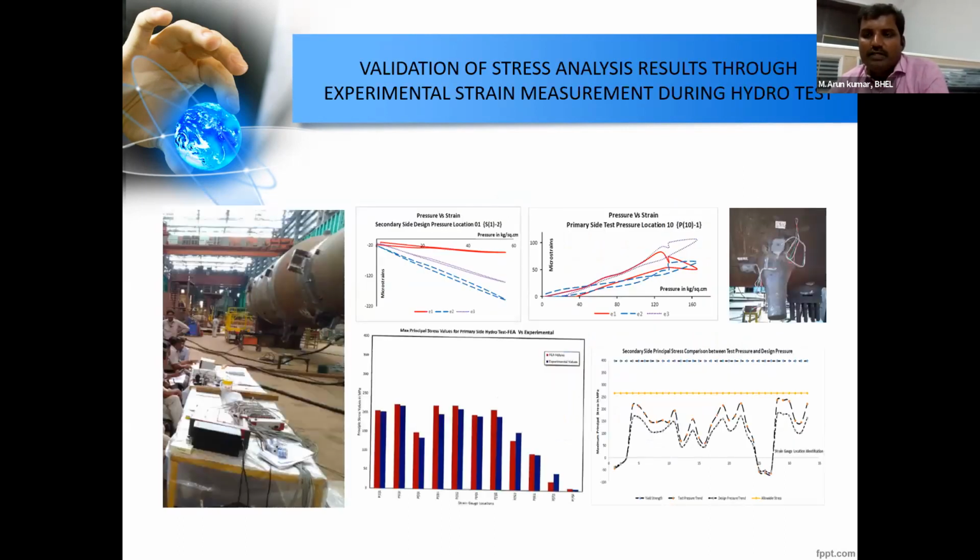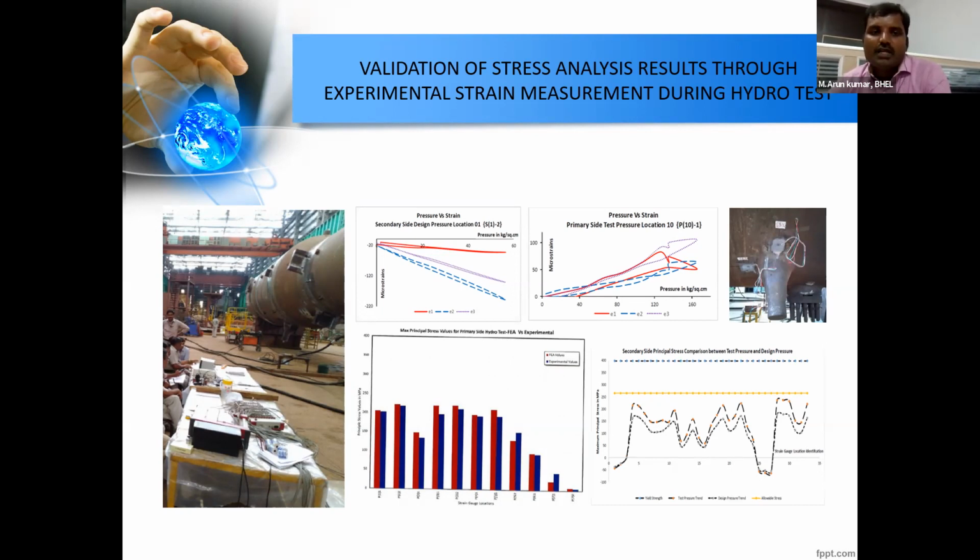Here, we are predicting stresses. As I already explained, before the start of this stress analysis, we validate this computer program. But even after validation, we are doing this stress analysis and predicting the stresses. So we are validating the predicted stresses by experimental calculation.